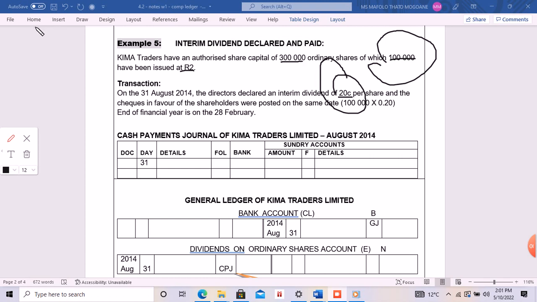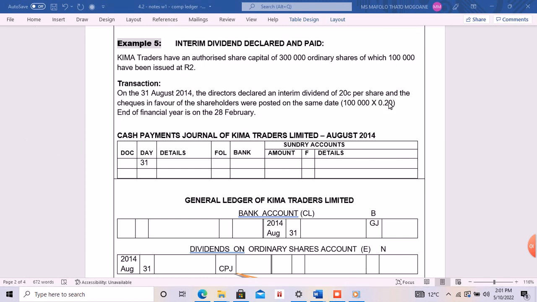Remember, I've said that the 100,000, which is the number of shares, times 0.20 is the dividend. That's why we calculate the dividends based on the number of shares issued.